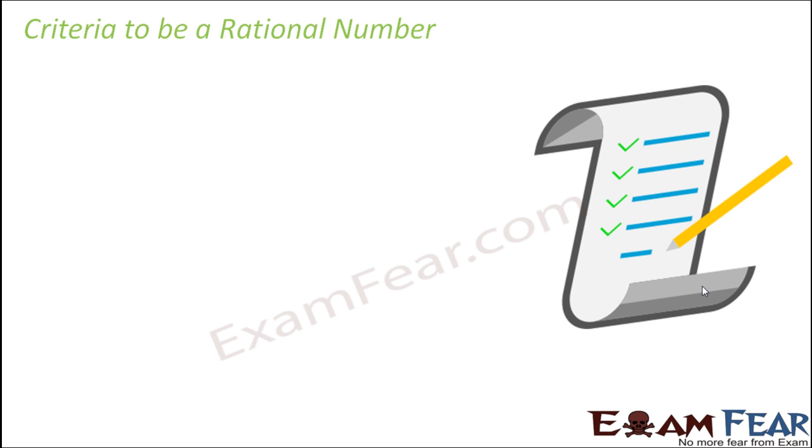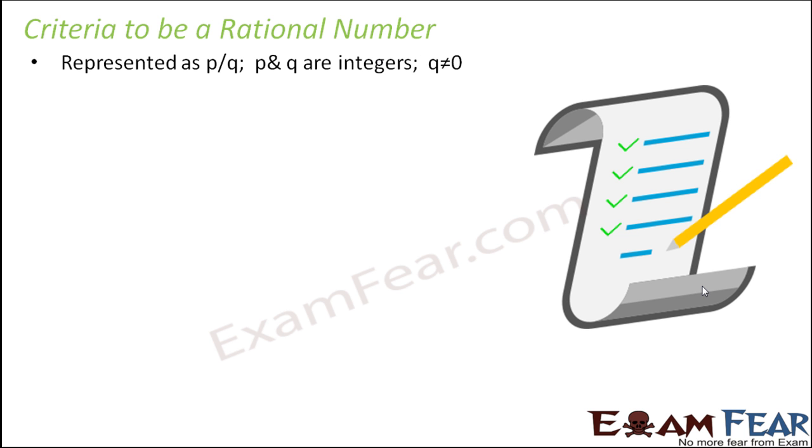Looking at all of these, we found that there are certain criteria for a number to be a rational number. First of all, it should be represented as p by q, where p and q are integers and q is not equal to 0. That is the basic definition of a rational number, and it must be satisfied. All integers are rational numbers because all integers can be written as the integer divided by 1, which is in the p by q form.